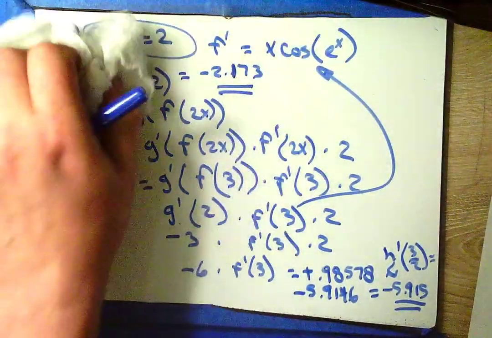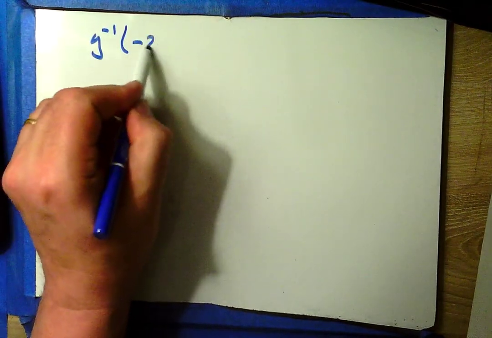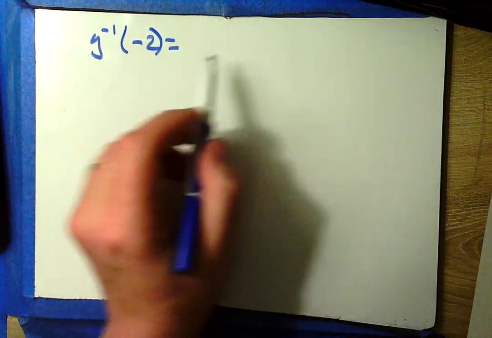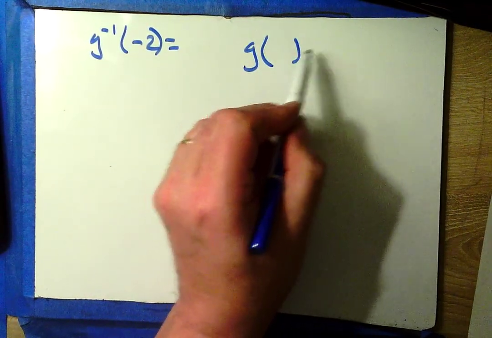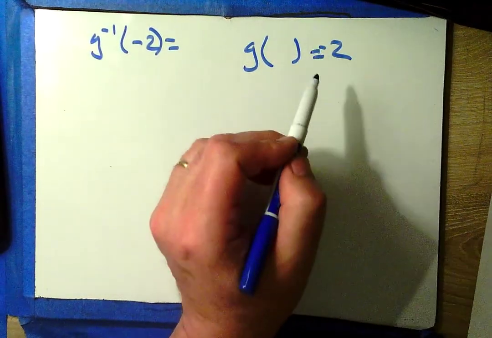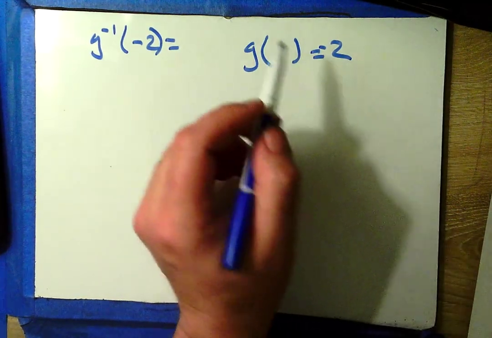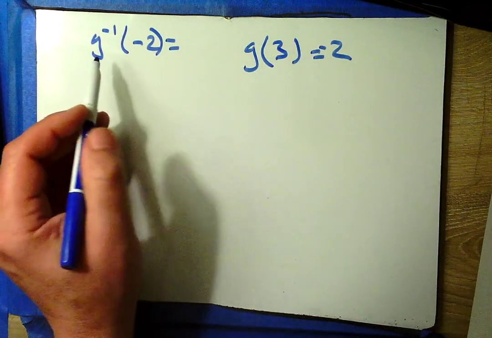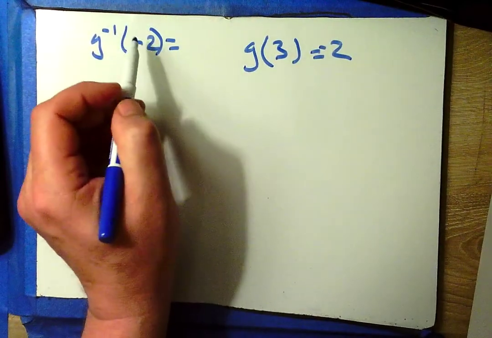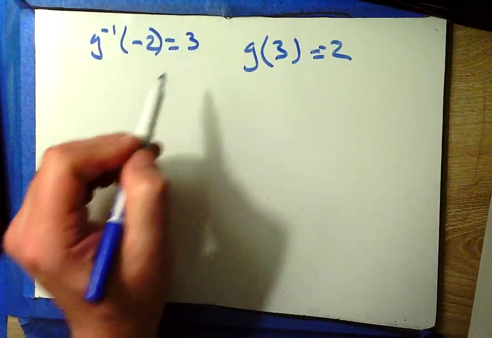Great. C, write the equation of the tangent to G inverse at negative 2. Okay, so G inverse of negative 2. Well, that means on G there must be an output of negative 2. When does that happen? G has an output of negative 2 at 3. So we know that G inverse has a point negative 2, 3.